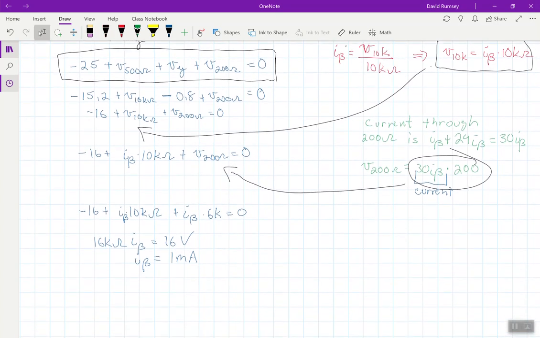So let me rewrite that equation down here for us. We've got negative 25 plus V 500 ohm plus Vy plus V 200 ohm is equal to 0. But now this is where we're going to use Ohm's law, because V of the 500 ohm resistor is just the current that goes through the 500 ohm resistor times 500 ohms.